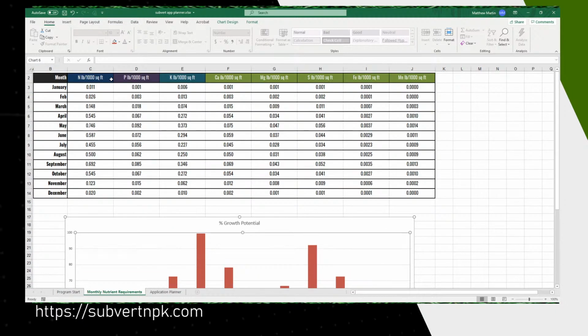So if you apply 0.75 pounds of N in February, then you can already account for what was being used in January, 0.02 pounds in February, 0.15 pounds in March, and it's going to last you basically through somewhere close to the end of April when you need to be making that next application.